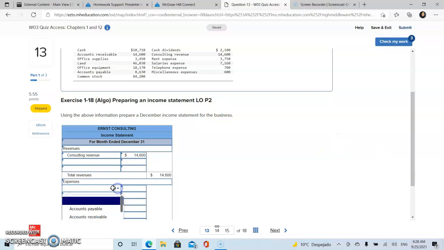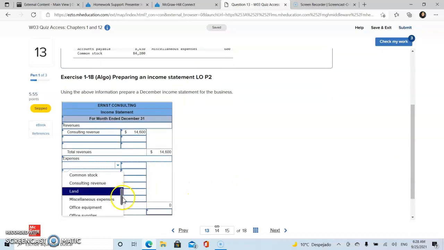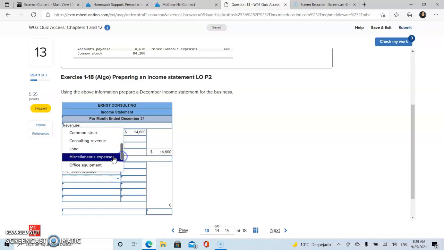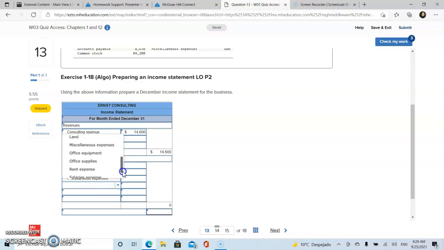We have rent expense, salary expense, miscellaneous expense, and we also have telephone expense.